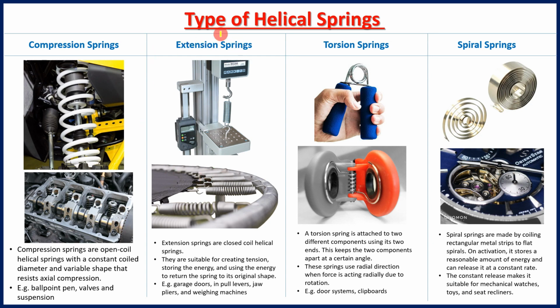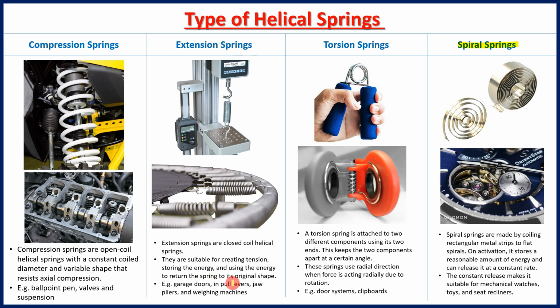Here we can see the different types of helical springs: compression spring, extension spring or tension spring, torsion spring, and spiral spring. The compression spring, generally we can see in two-wheeler suspension and in the IC engine. Also this compression spring you can see in the ball pen.